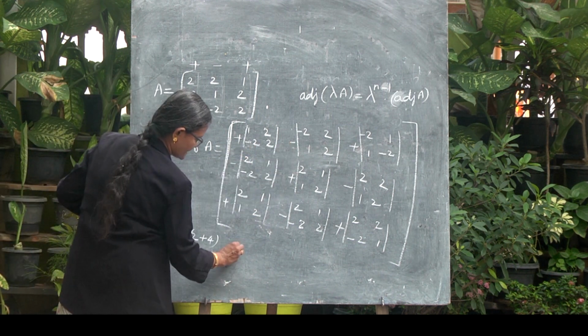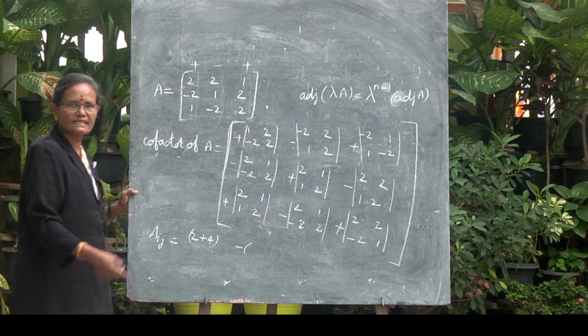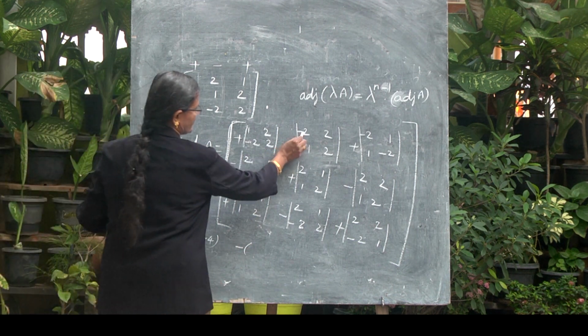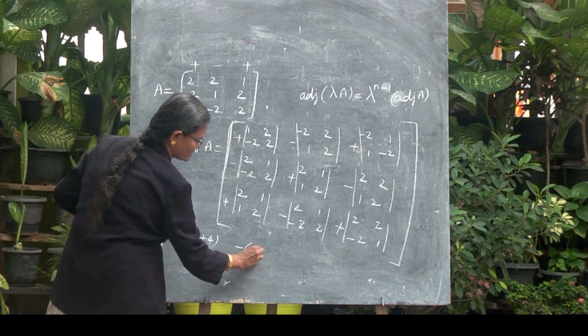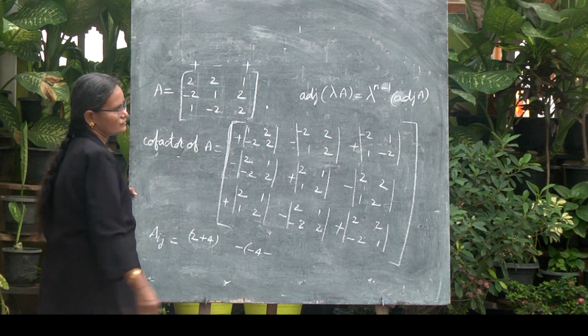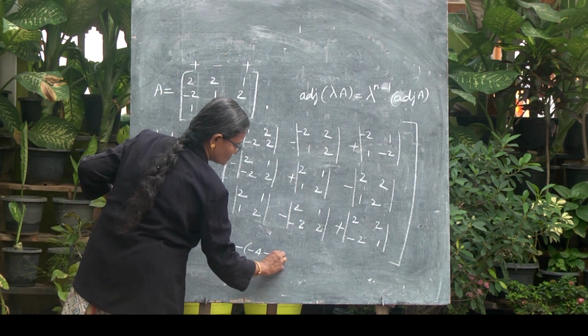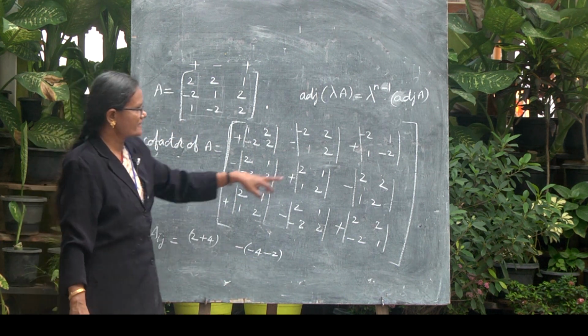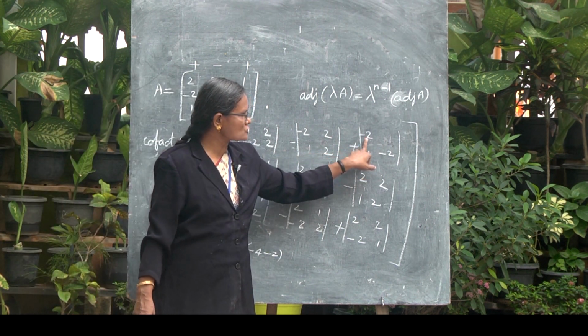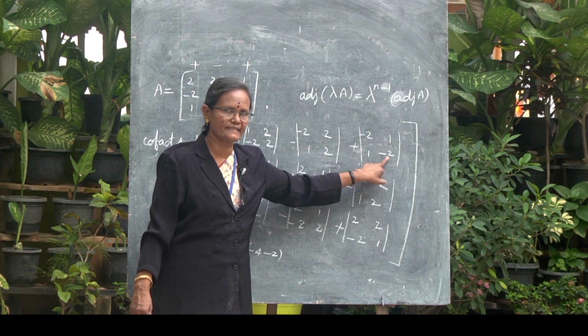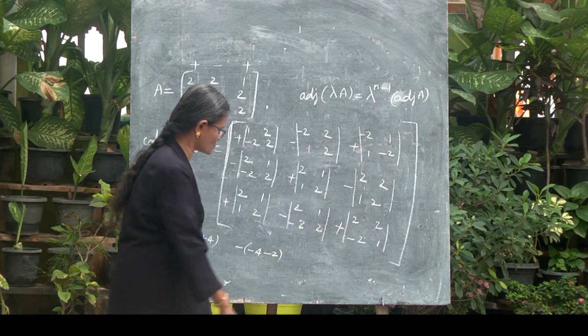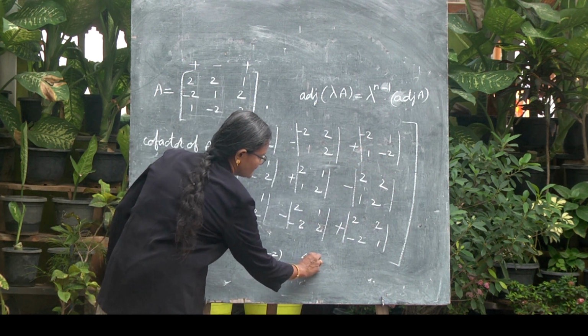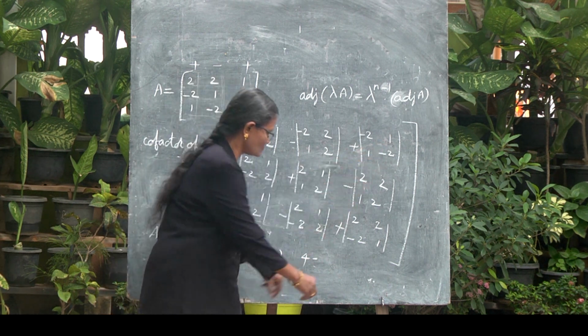Next one, minus of product of the leading diagonal element, that is minus 2 into 2, that is minus 4, then minus of 2 into 1, 2. Next one, plus sign, minus 2 into minus 2, that is plus 4, then minus of 1 into 1, 1.